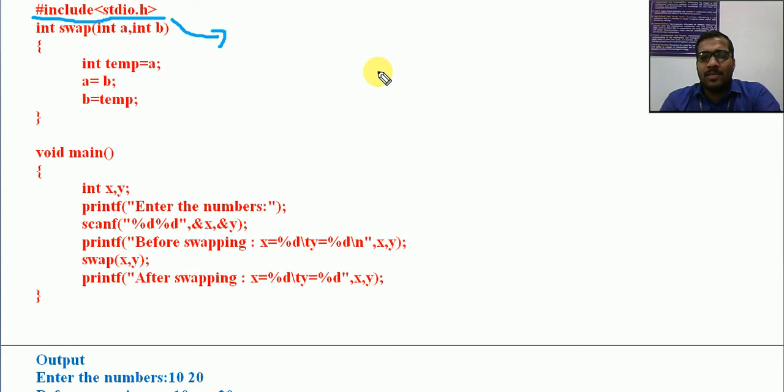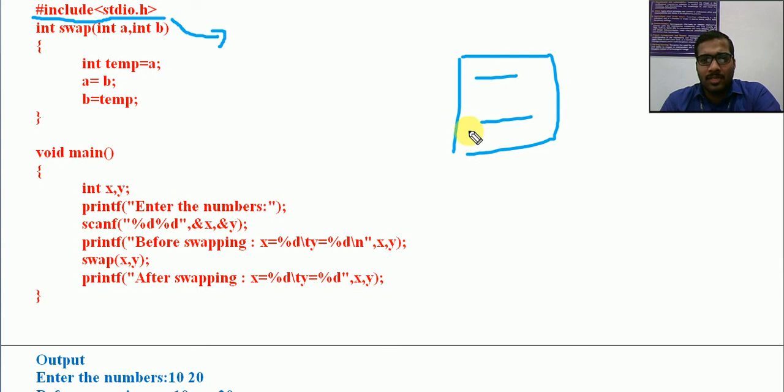But in some situations, like if I am calling a function from one program and the function is written in some other file, it matters. In our previous examples, the function definition and function call were both part of the same file. But if the function definition is written in a separate file, then we can have the declaration of the function.